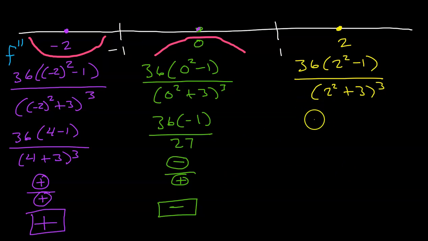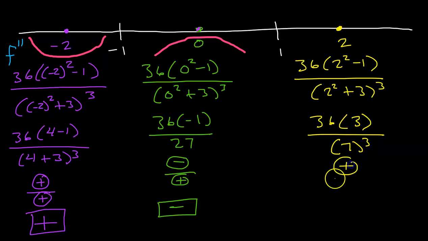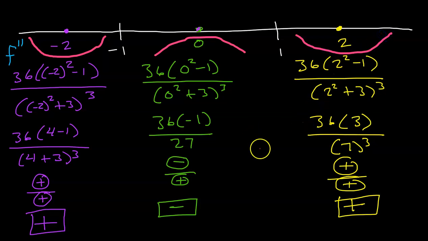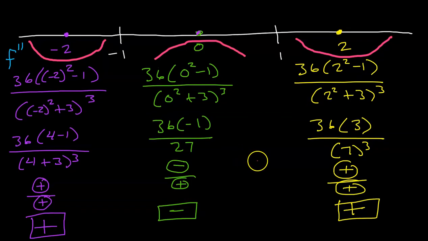All right, so this is going to be 36 times 4 minus 1, so it's 36 times 3 over, and this is 4 plus 3, so that's going to be 7 to the third power. So I've got a positive divided by a positive, which of course is a positive. When the second derivative is positive, that means the function, the graph, is going to be concave up in that interval. So we are ready to answer the question.